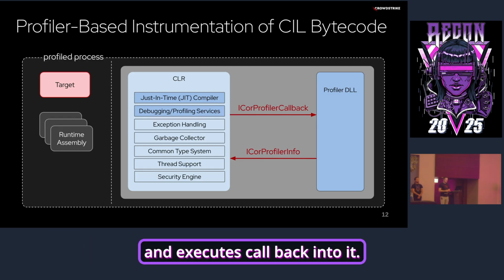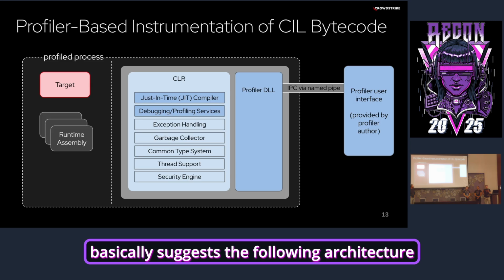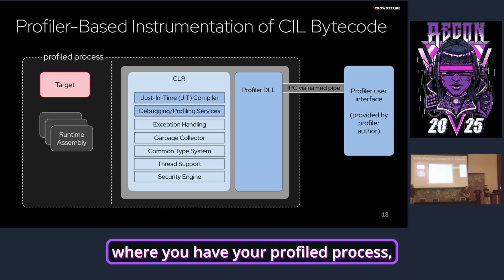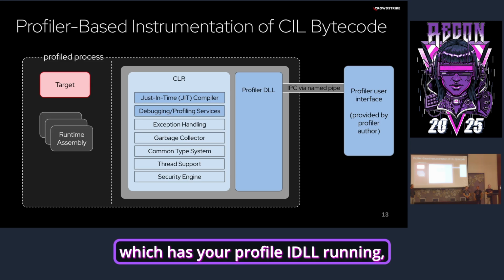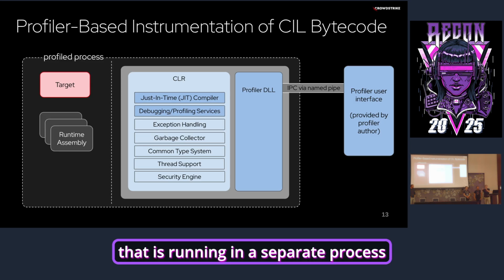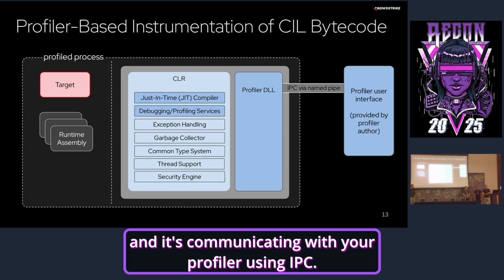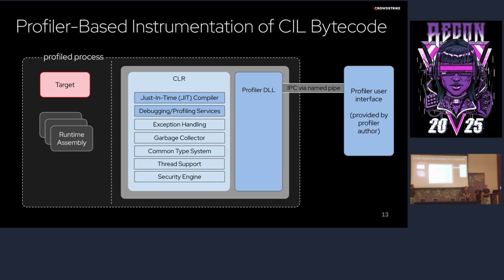executes callbacks into it. Now, the Microsoft guide on how to write a profiler basically suggests the following architecture, where you have your profiled process, which has your profiler DLL running, and then you have a profiler user interface that is running in a separate process outside of the profiled process, and it's communicating with your profiler using IPC.